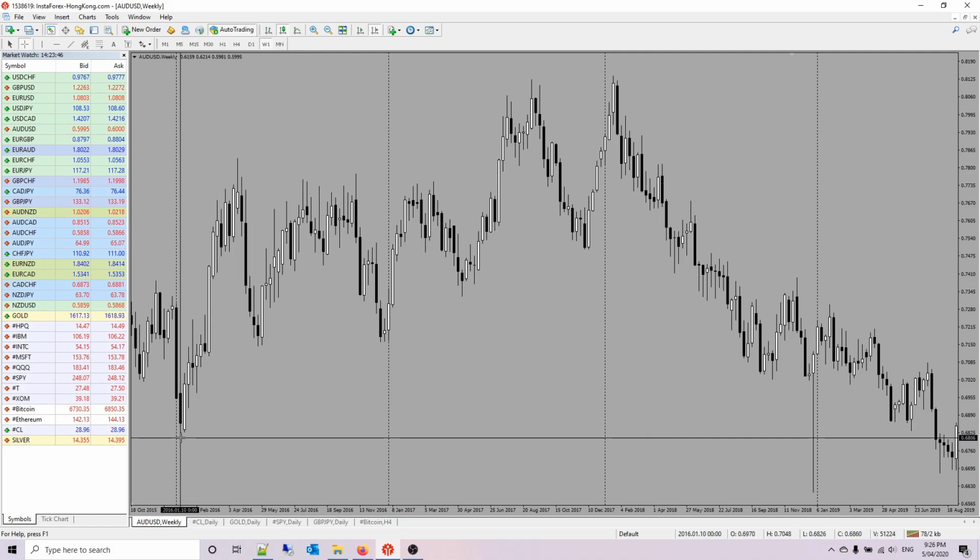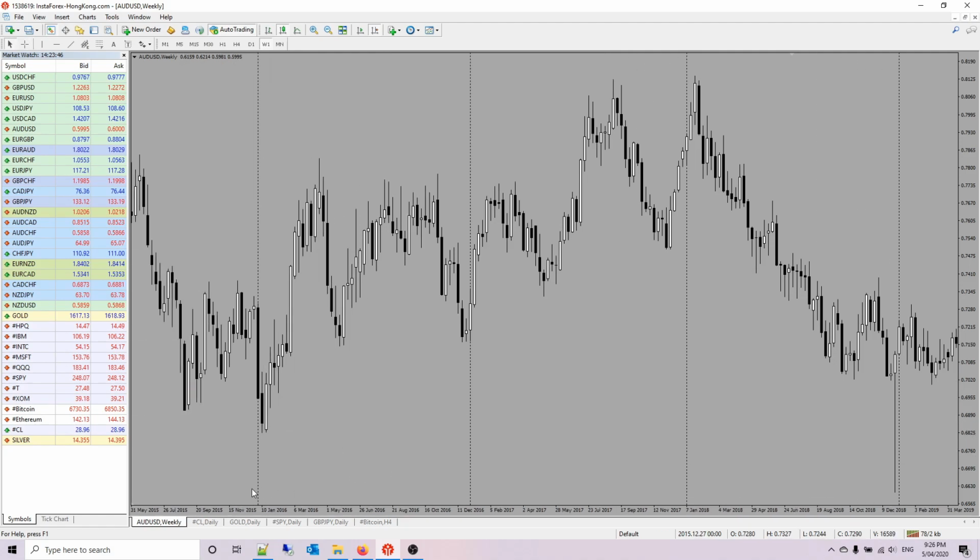Let's say in year 2015, the trend is like this: this is a low, we start with a low here, and then we make one high, a higher high, so it makes a new high, and it's going up like that.